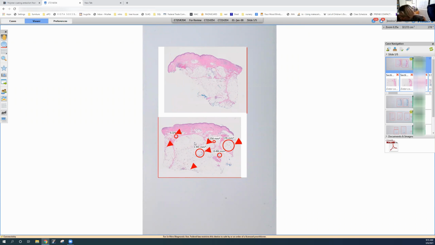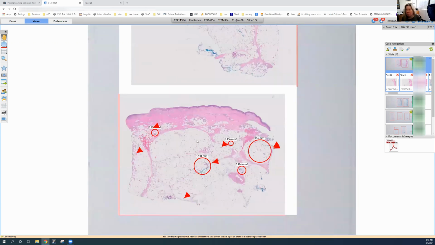These were stellate ulcers on the lower extremities of a patient with end-stage renal disease. And the differential diagnosis was infection, calciphylaxis, pyoderma gangrenosum, maybe. I can't remember all of the things in the differential diagnosis.